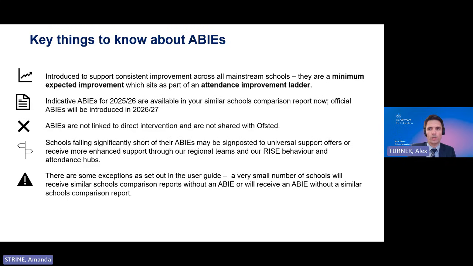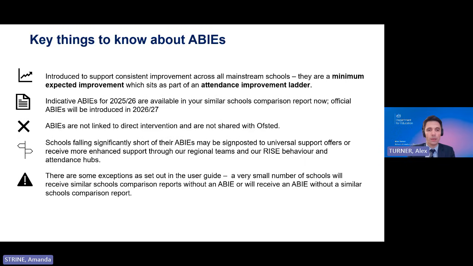As we've said a couple of times, we're using this year to take feedback from you, learn and iterate as we go. They're not linked to direct accountability and they're not shared with Ofsted. And schools falling significantly short of their baseline improvement expectation may be signposted to universal support offers or receive more enhanced support through regional teams and our RISE attendance and behaviour hubs.